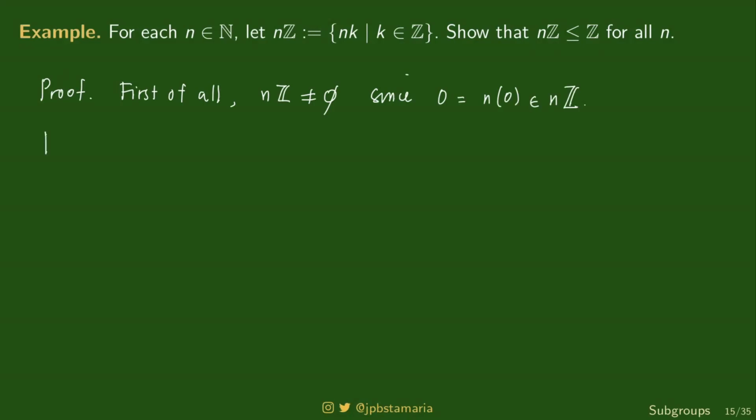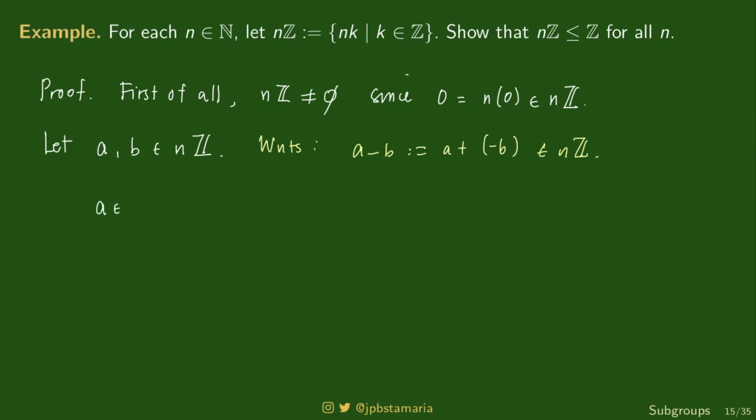How? We will take two elements in NZ, let's say A and B. In your mind, what do you need to show? I need to show that A plus minus B, which means A minus B, is an element of NZ. Kailangan ma-prove ko yan. How can I prove that? Ganito.